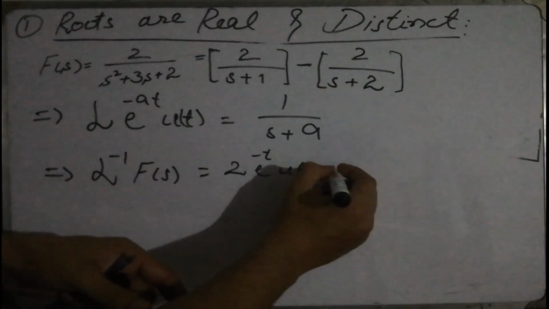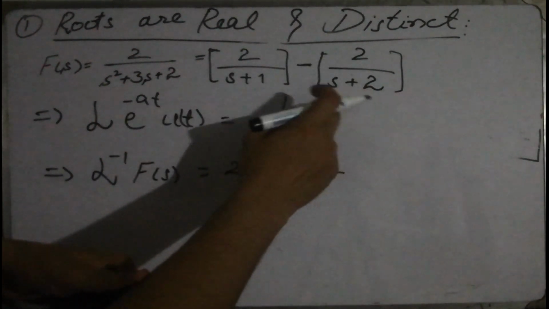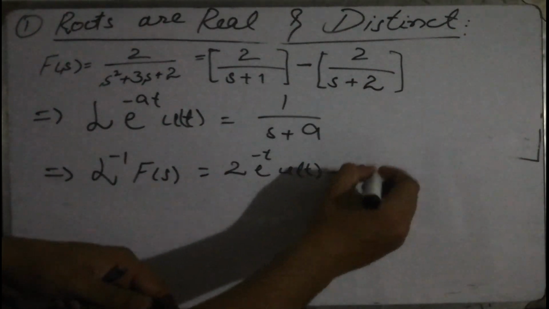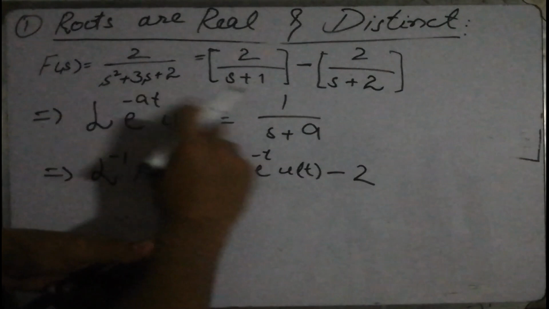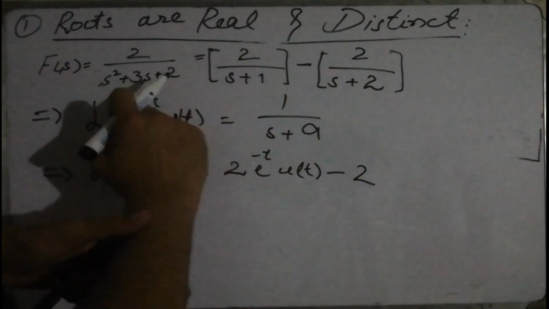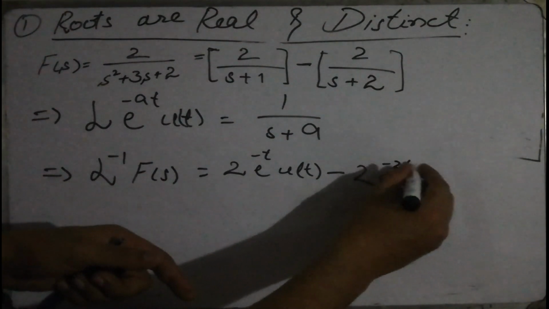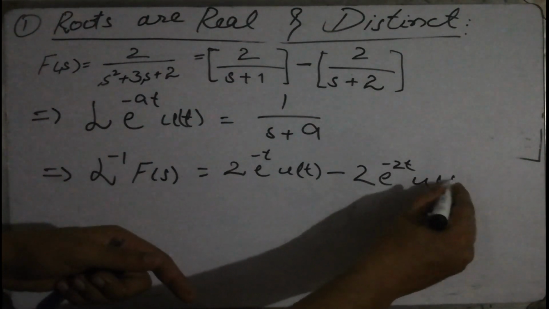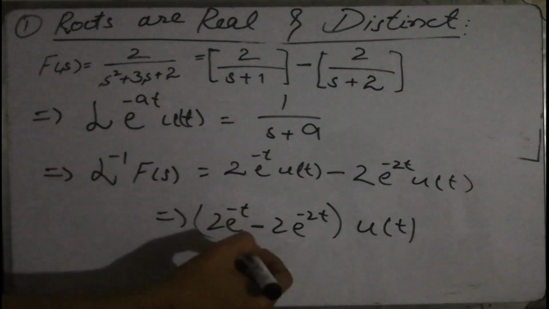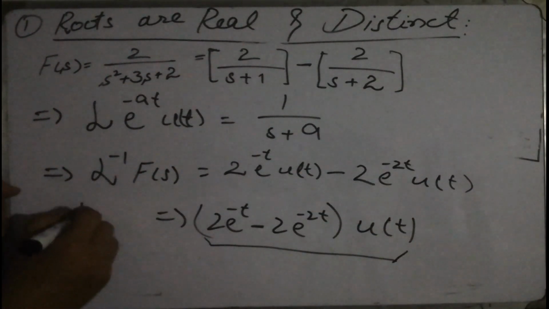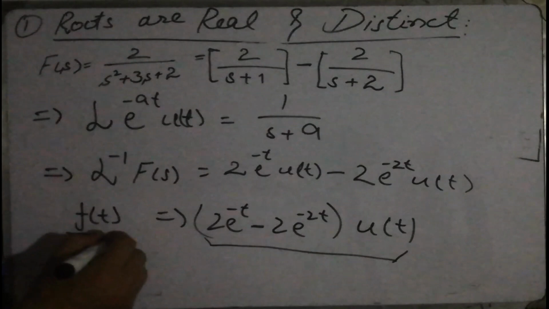Then we have a negative right here, and the inverse of this term would be again taking the 2 common, and then the a in this case is 2, right? So it will be e to the power negative 2t times the unit step function. And this will be our final output function in the time domain.